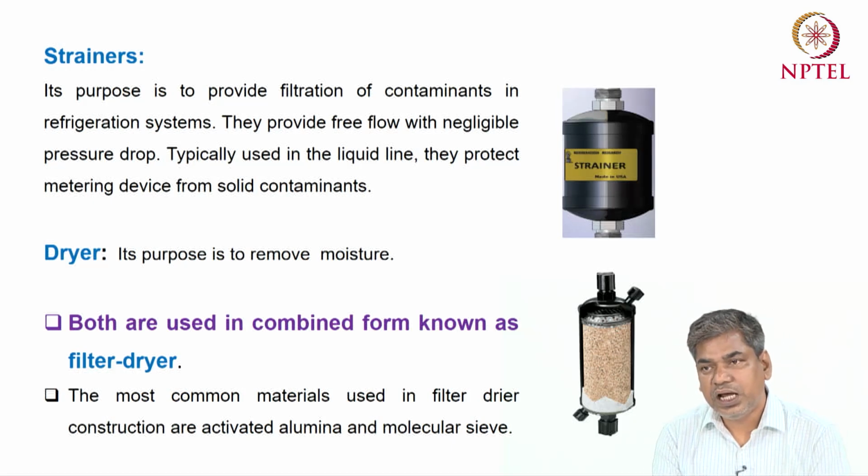Then the other component is called the strainer. A strainer is basically a filter. It is used for filtration of contaminants in the refrigeration system.